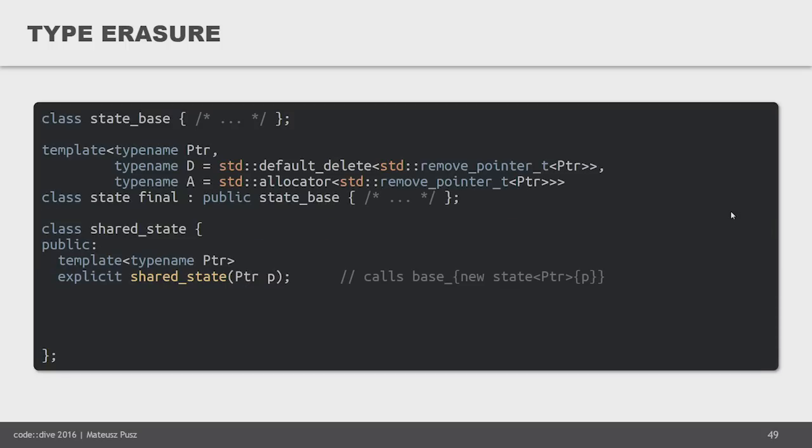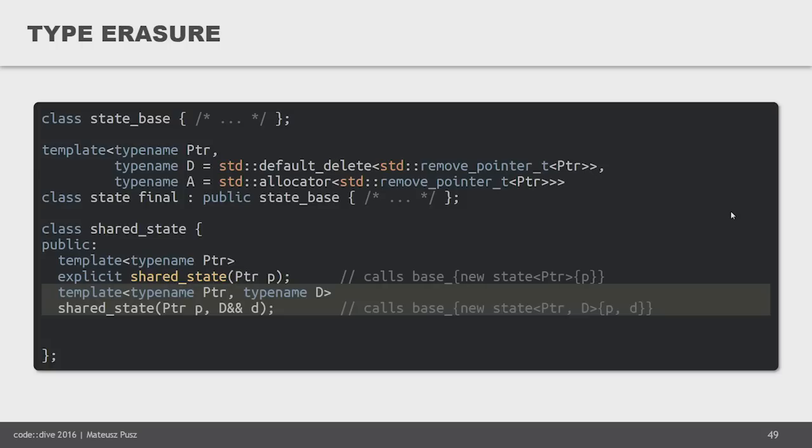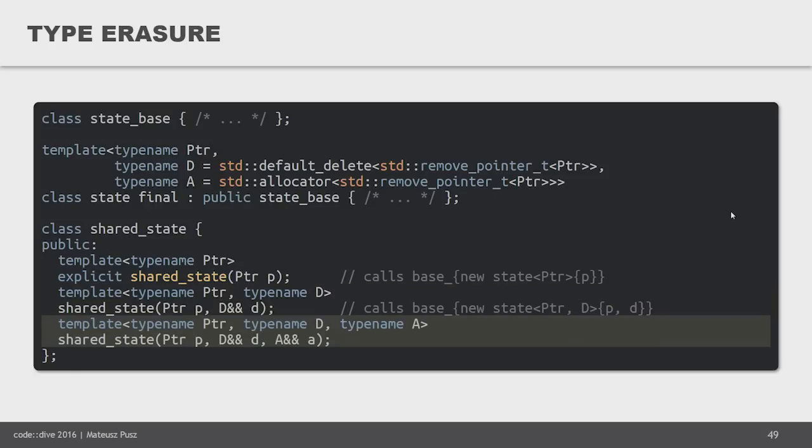And going back to our shared state, we have a shared state constructor that just calls new on the pointer. We have a deleter here that just calls the new state with the deleter. And the most interesting part here, when we have a deleter and allocator, we'll see it in the next slide.